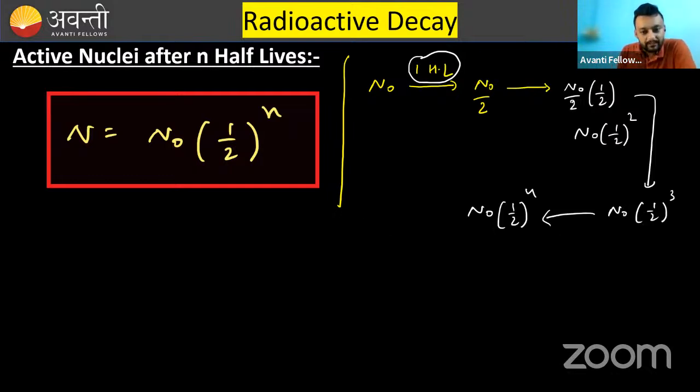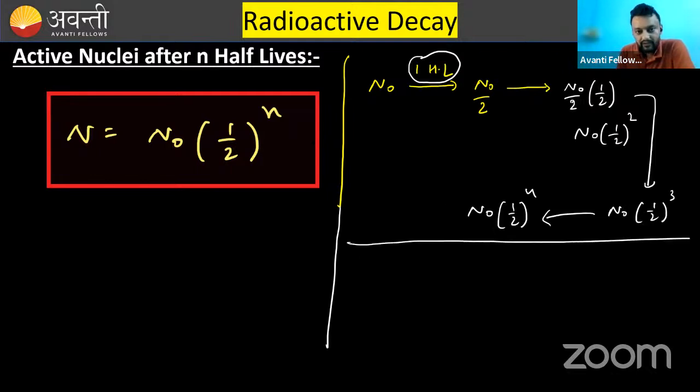Can there be a question something like that? Listen to me very carefully now. We can remember this formula, but I am talking otherwise. What if I say that there were N naught nuclei, and after 1 hour, I am not saying this is t half, I am saying after 1 hour, they become N naught by 4?